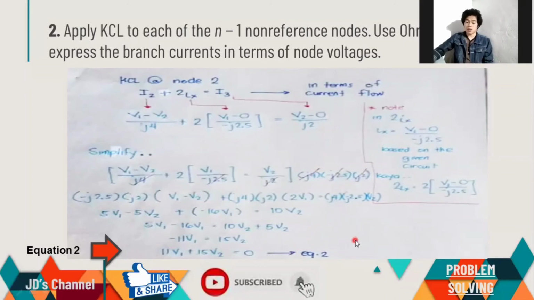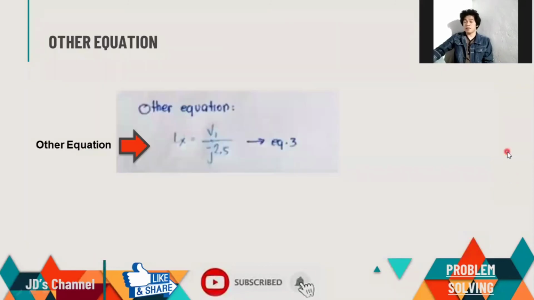That is our equation number 2. So we have two equations with two unknowns, so we can solve the problem.